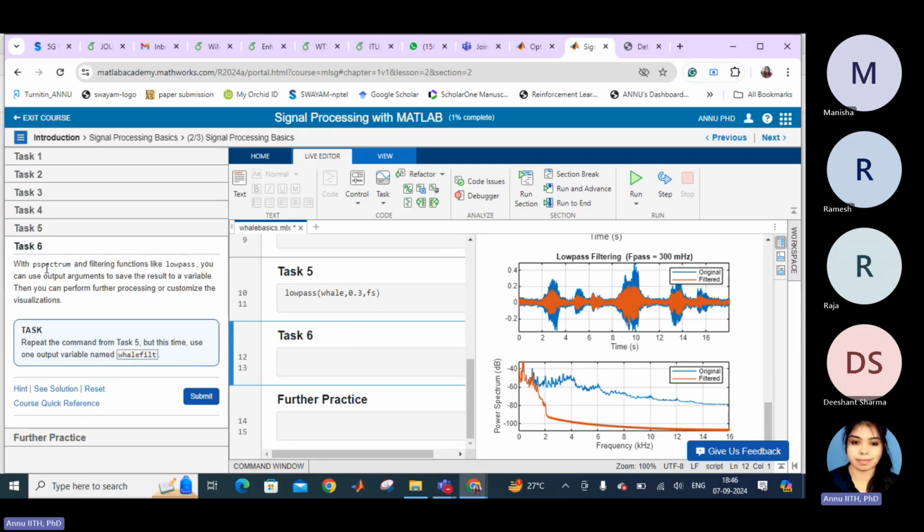Okay, great. So with power spectrum and the filtering functions like lowpass, you can use the output arguments to save the results to a variable. Then you can perform further processing also. Repeat the task and again we fit, because we need to store the signal somewhere.